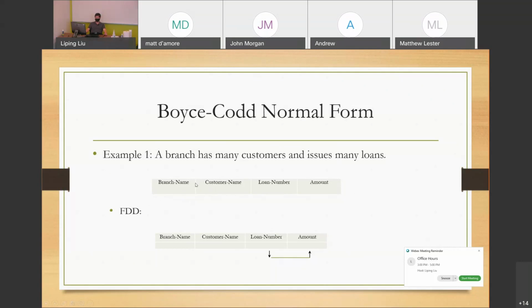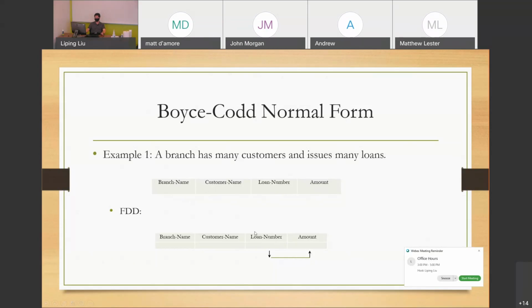Now we can see a functional dependency: loan number determines loan amount. It does not matter what the relationship is between loan and customer, or with a branch. If you know the loan number, then you should know the loan amount, right? So we have the functional dependency that loan number determines amount.